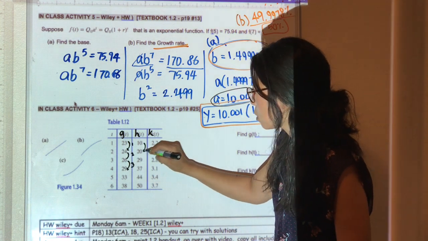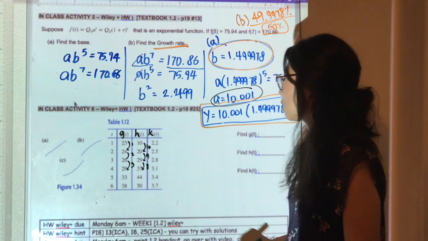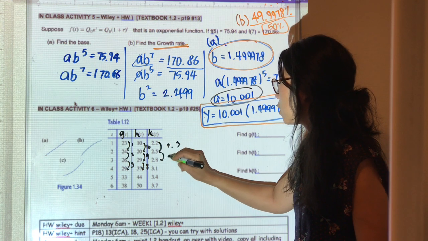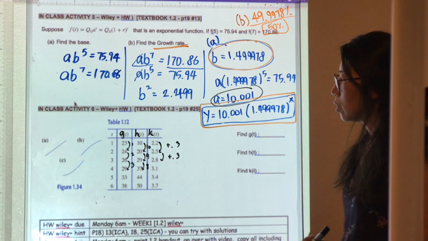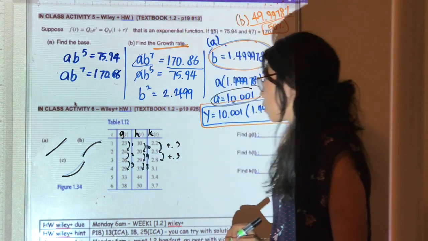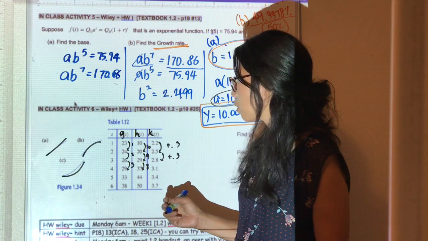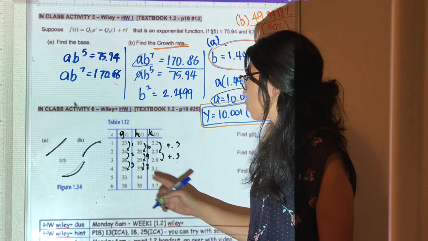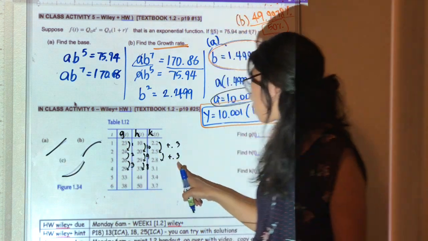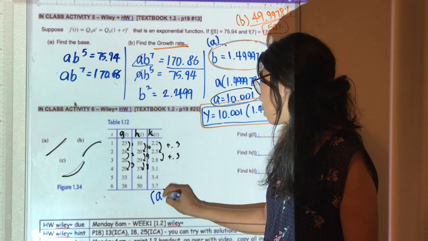The h function increases by 10, 9, and 8. The k function has a constant increase of 0.3 each time. So all these three cases are increasing, but depending on the rate of change, you can see which one represents which function. The first one is going to be constant, that is 0.3. So k represents function a.